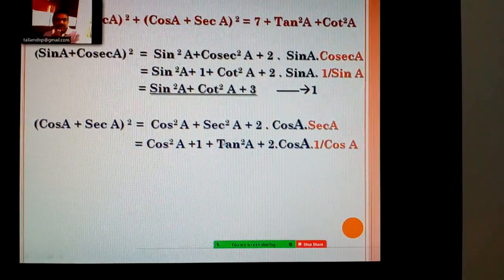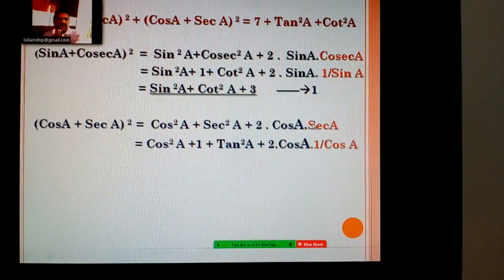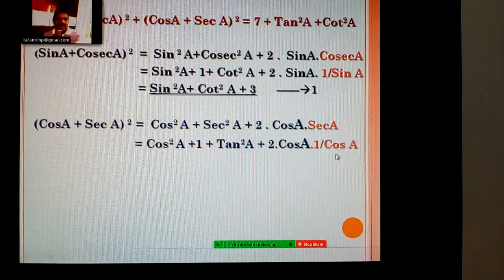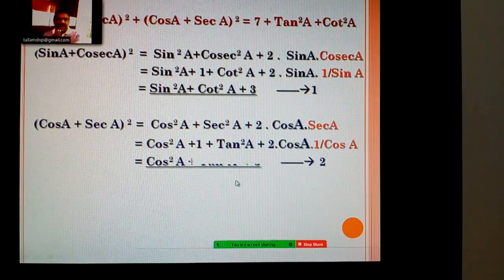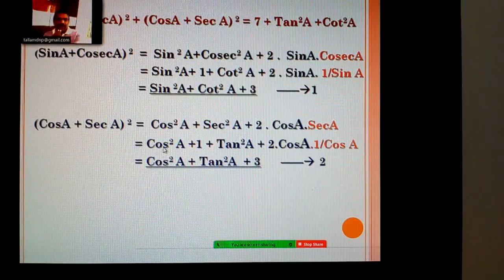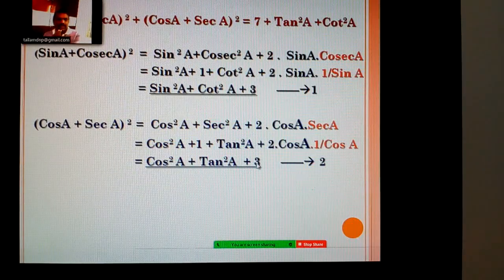In the place of secant² A, 1 + tan² A, and secant A is replaced by 1 by cos A. Now cos A gets cancelled. And as it is simplified, what terms will we get? cos² A + tan² A, 1 plus 2 together 3. Let it be equation 2.